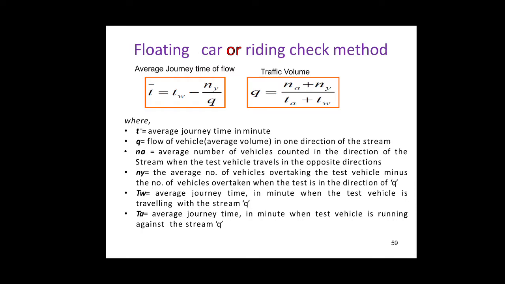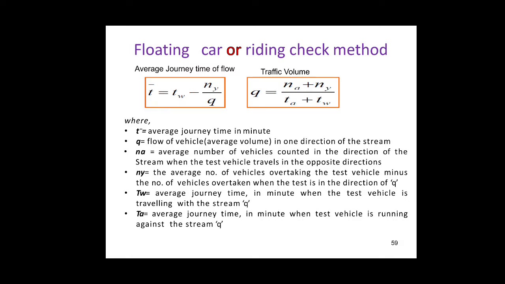Ny is the average number of vehicles overtaking the test vehicle minus the number of vehicles overtaken when the test is in the direction of Q. And Q, as we know, is the flow of the vehicle or the average volume in one direction of the stream.